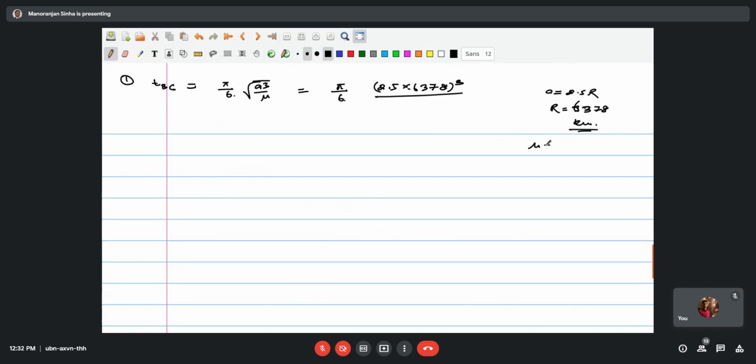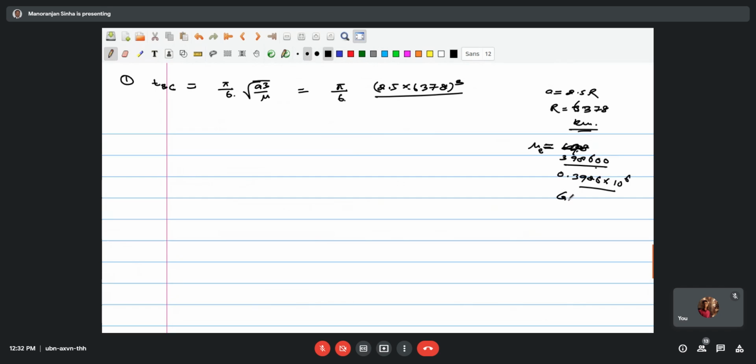And mu for the Earth is 398,600, also written as 0.3986 into 10 to the power of 6.